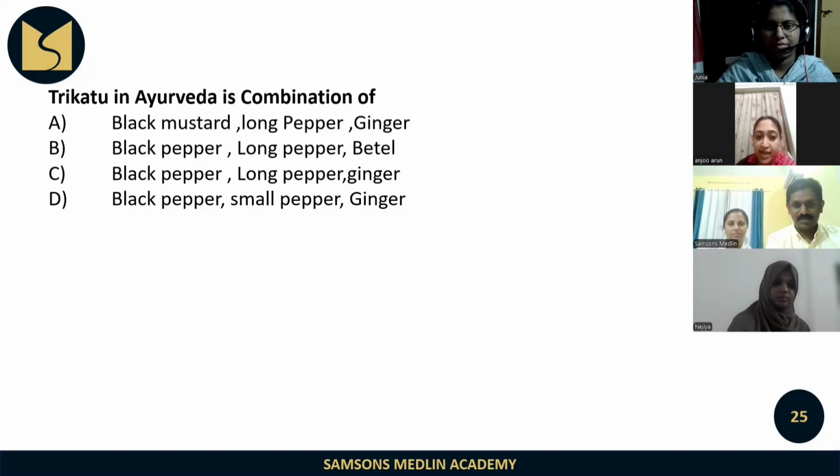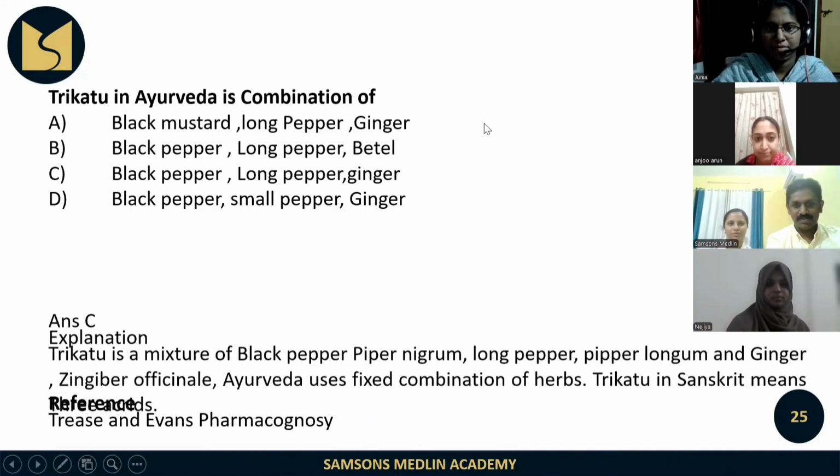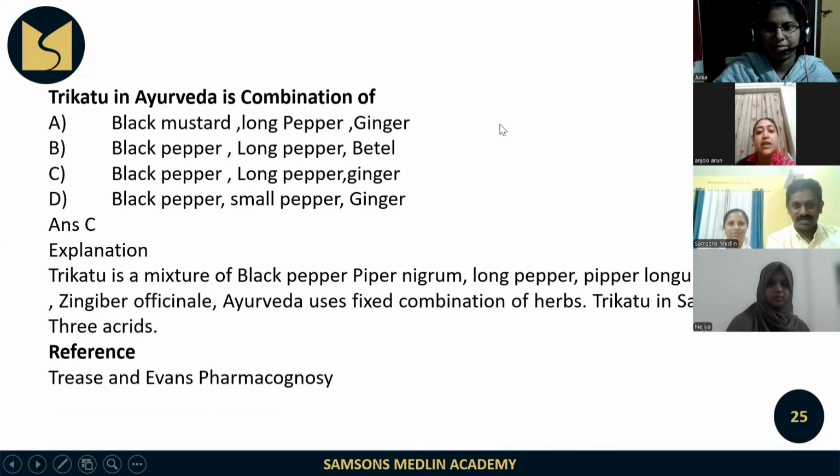So finally the answer is option C. Trikadu is a mixture of black pepper, Piper nigrum, long pepper, Piper longum, and ginger, Zingiber officinale. Ayurveda uses a fixed combination of all these drugs. One more thing to remember here is that Trikatu in Sanskrit means 3 acids. So that's all from my side.